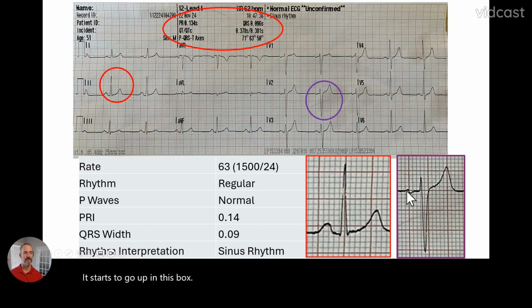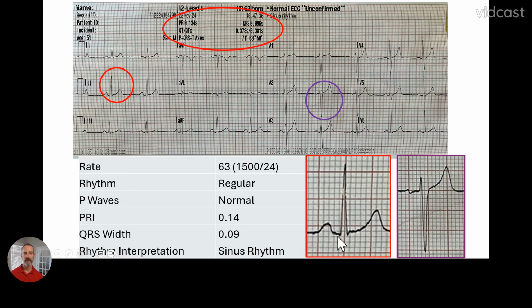It starts about half, a little more than halfway up here. So it's precisely measured at 0.134 seconds by the computer, and I got about 0.14. We don't need to go to a thousandth decimal with individual rhythm strip recognition.